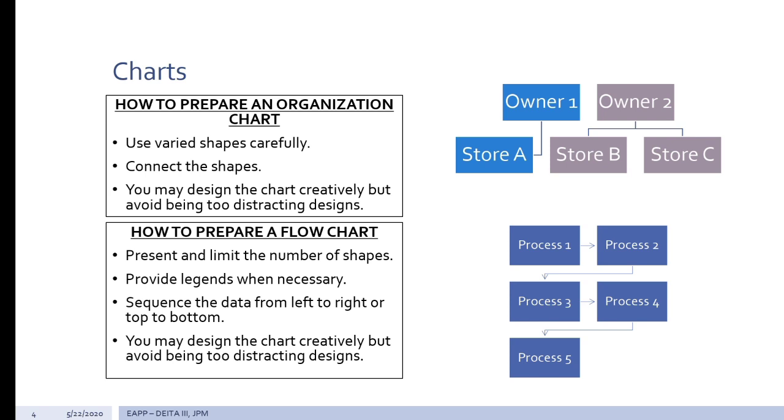Then pay attention to the arrows or the lines that indicate the flow or relationship. Also, to ensure you understand the chart, you summarize each step or each component from beginning to end and end to beginning so that you'll be able to understand it fully and concisely.